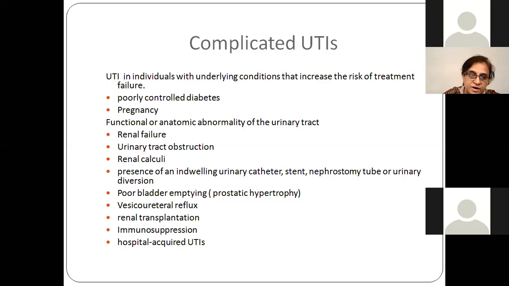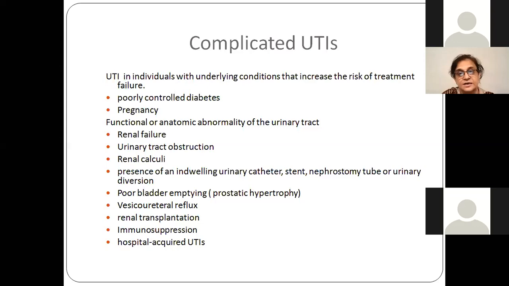Then urinary tract obstructions with anything, a calculus, a catheter, a stent, or anything placed within the urinary tract, can obstruct the flow of normal urine, and that can also lead to UTI. Then poor bladder emptying, as I just said, in case of prostatic hypertrophy in older adult males, can lead to UTI.